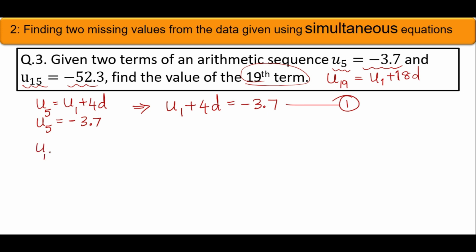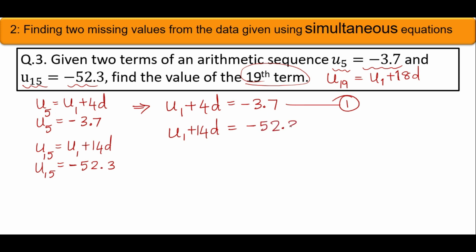Now U15 can be written as U1 plus 14D, and from the question we know U15 is equal to -52.3. So my second equation will be U1 plus 14D is equal to -52.3.